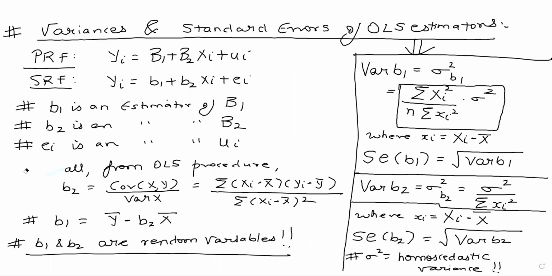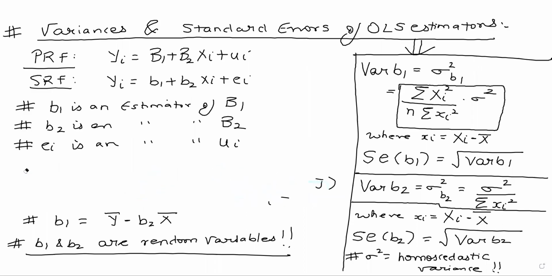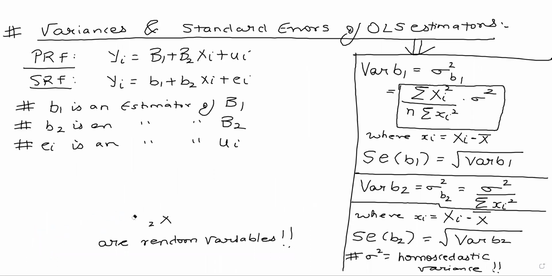So erasing this particular part, which you already know from the previous lecture, let us now write the estimator of sigma square. Sigma square is the population homoscedastic variance.